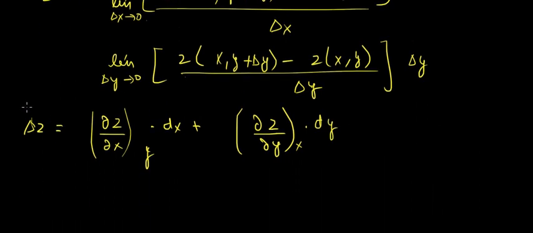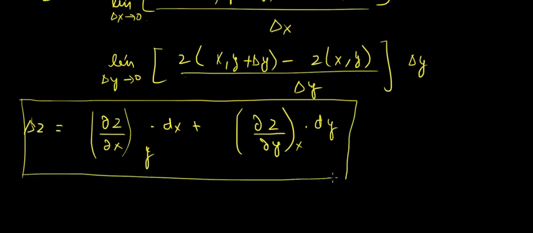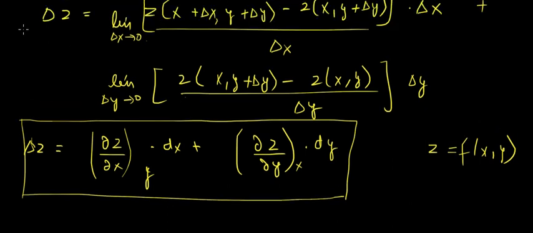So finally we arrive at this equation in which z, which is a function of x and y, can be written in this differential form. As we are applying limit delta x tending to 0 and delta y tending to 0, here it would be dz, not del z, not delta z, it would be dz.